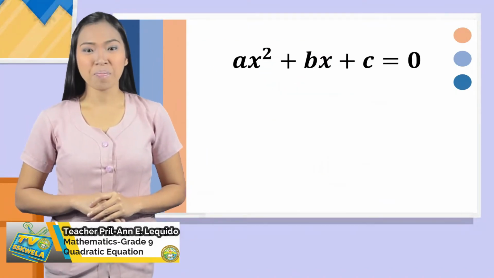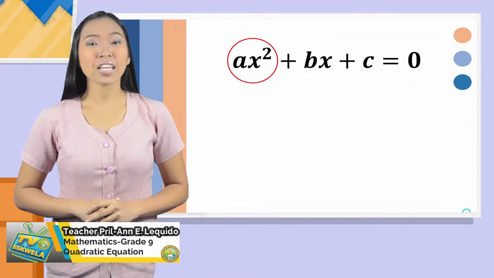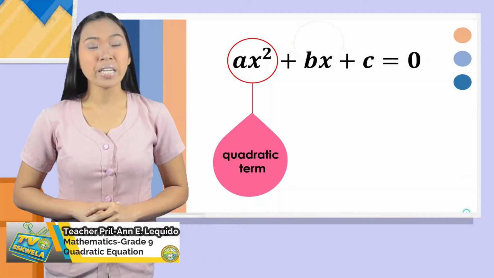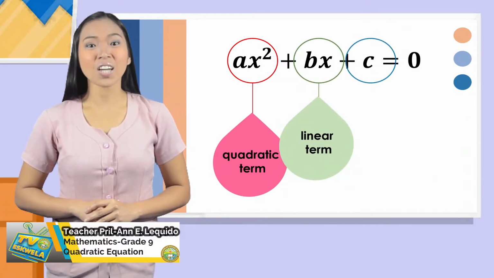This equation has three terms. Ax squared is the quadratic term, bx is the linear term, and c is the constant term.